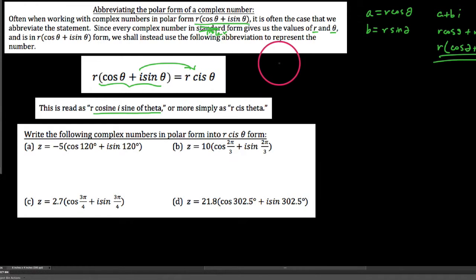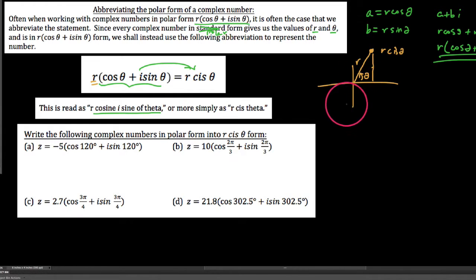Now, with respect to our r cos i sin of theta, there are a couple of vocabulary items we want to write here. Going forward, we've looked at r as the distance from the origin to our number in polar form, r cis theta, at some direction theta. Instead of referring to r as a distance and theta as just the angle of rotation, we're going to give them actual names.